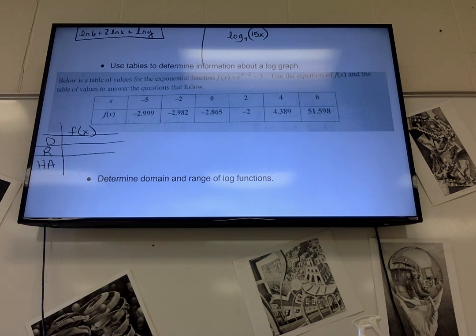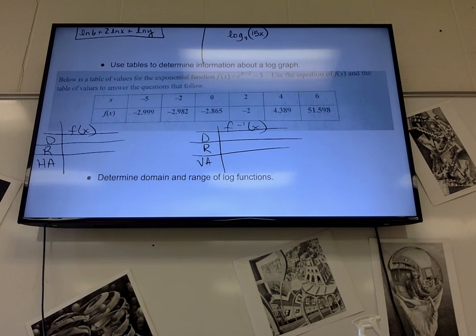And then it also asks us for inverse f of x, the domain, the range, and the vertical asymptote. So we'll start with domain and range and horizontal asymptote of f of x. F of x is what's depicted here in this picture.